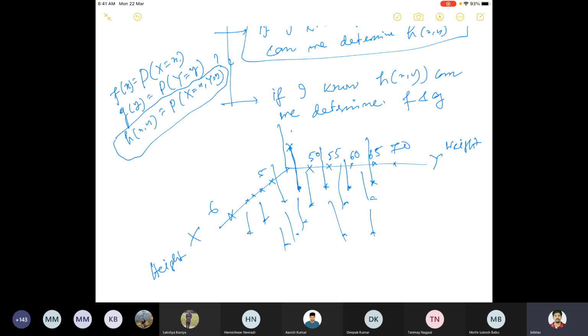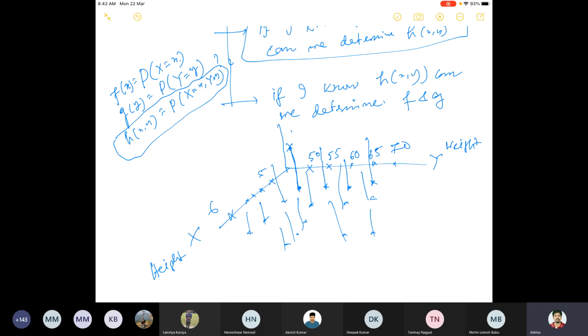So here you can see that it can possibly be done. From intuition, you can say that when height is not related to weight, then possibly it can be done. But in general, it may not be done. You can speculate, but I know the probability of having weight 55 kilograms and height 5 or 6, and that value is possibly related, because height and weight may be related in a generic sense.